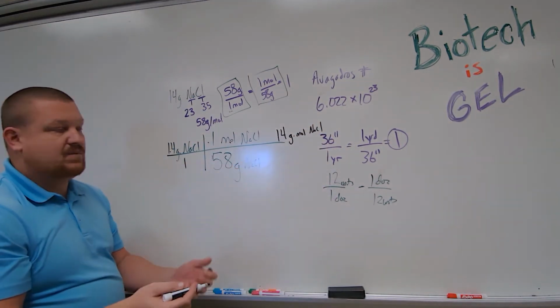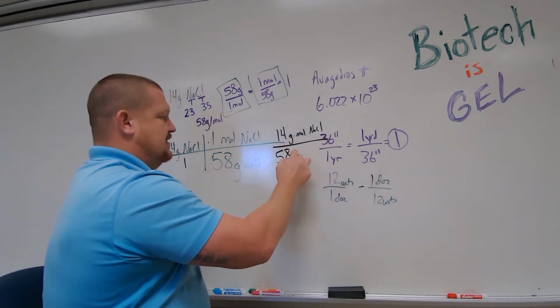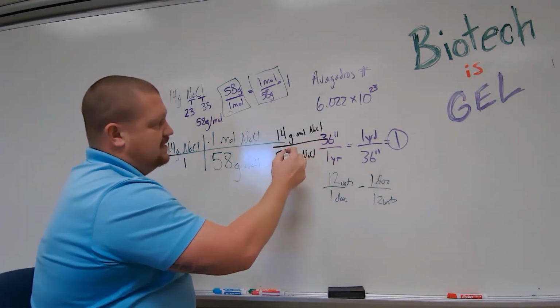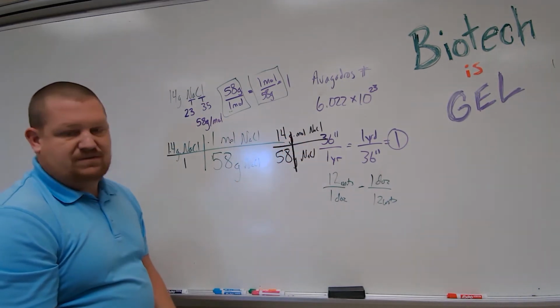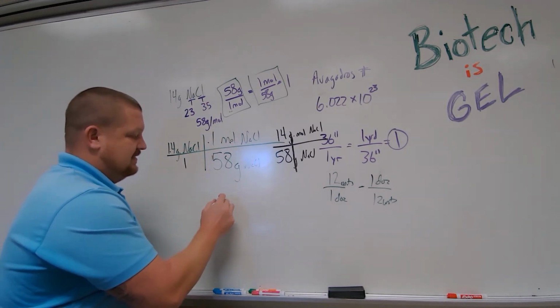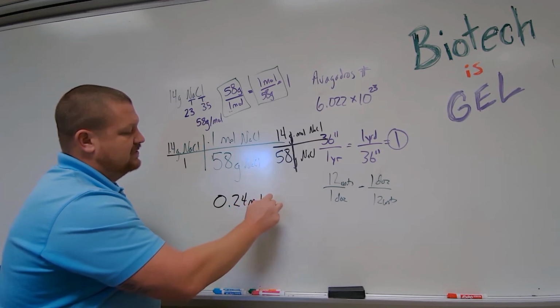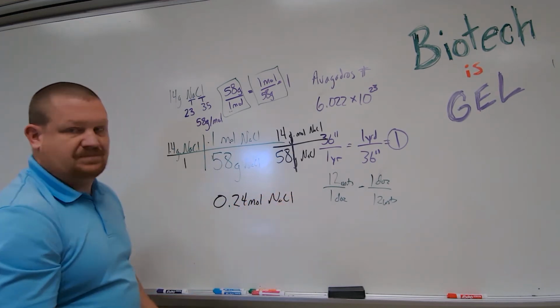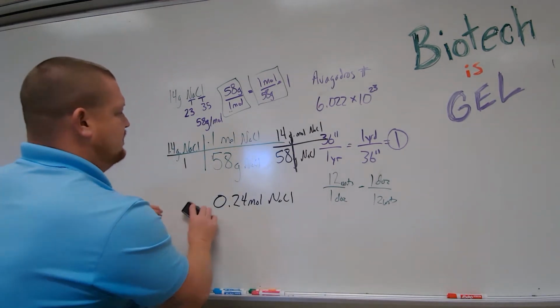You can put a 1 there if you want to. 1 times 58 over 58 grams. Now my grams cancel. So I do 14 divided by 58, and I would get 0.24 moles NaCl. Okay, I'm going to go a little bit faster through the rest.